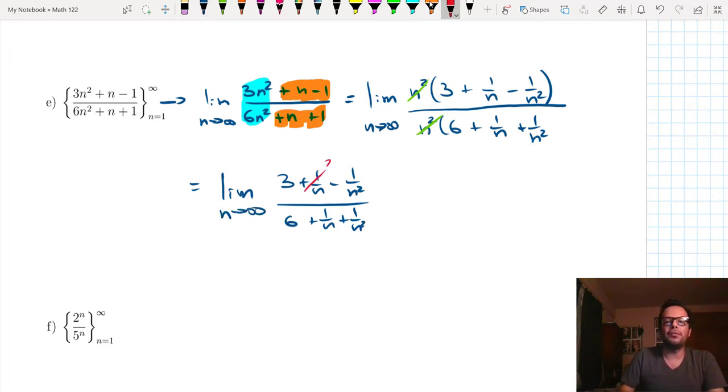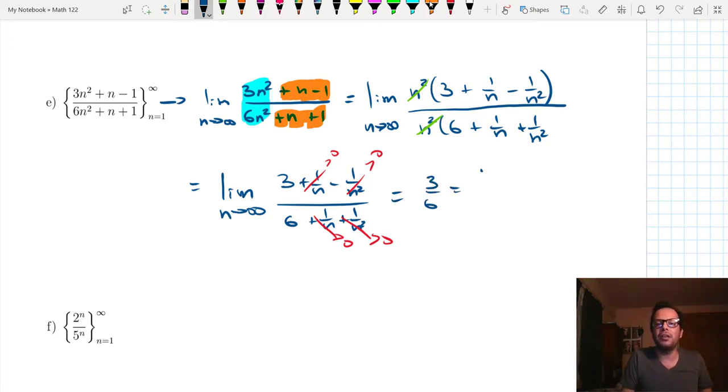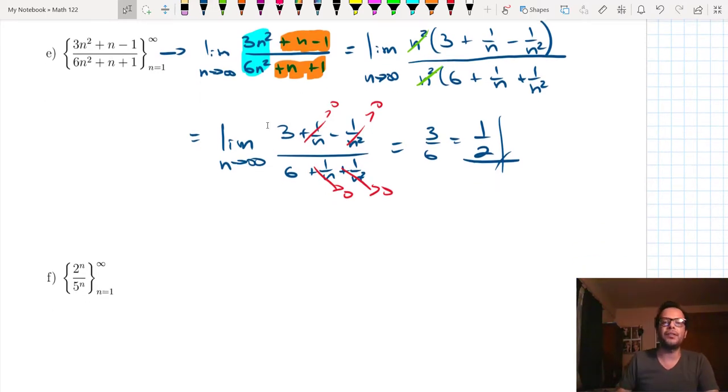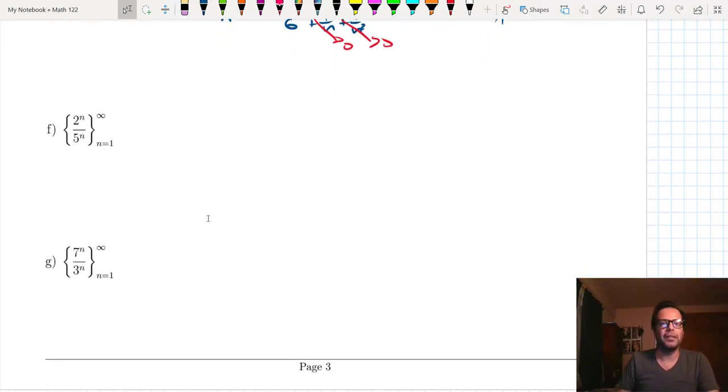So this term goes to 0, this term goes to 0, that term goes to 0, that term goes to 0, because 1 over infinity, 1 over big, we get nothing. And all we remain with is 3 divided by 6, which is 1/2, as we got earlier by neglecting the other terms but the leading ones. Okay, however, this is how we show the work.